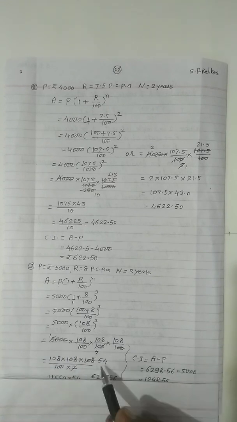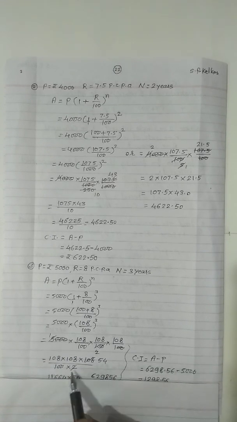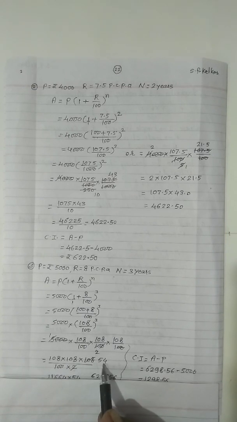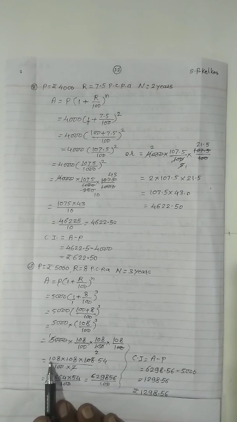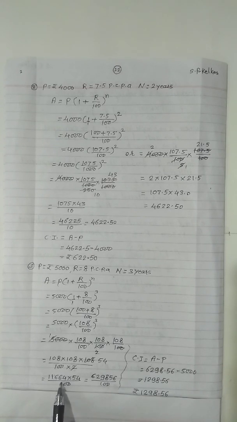Then we divide this 108 by 2, we get 54. Then we take the product of these two numbers, we get 11,664 into 54 divided by 100.